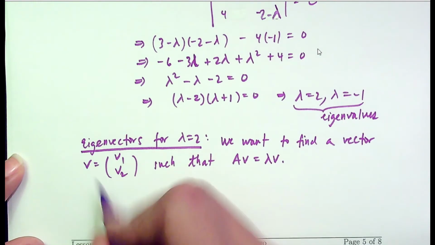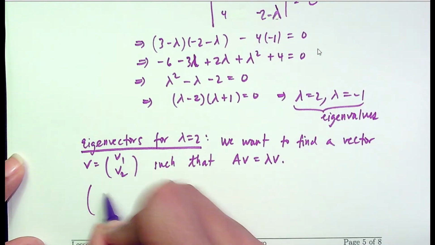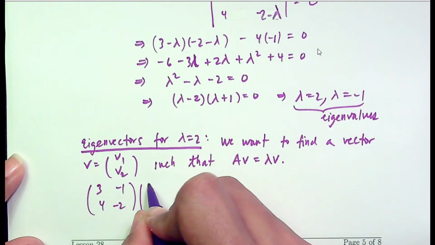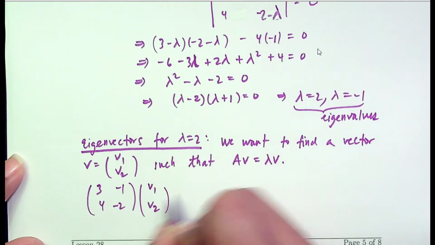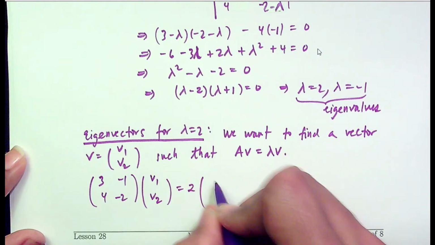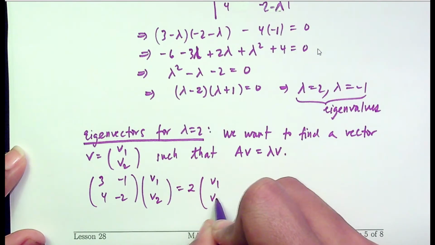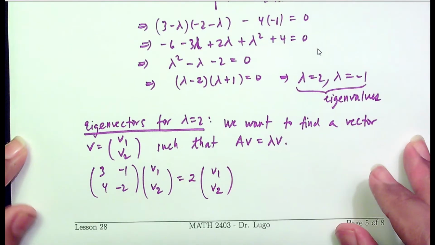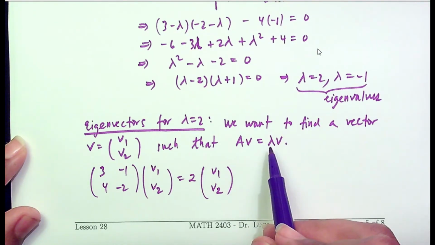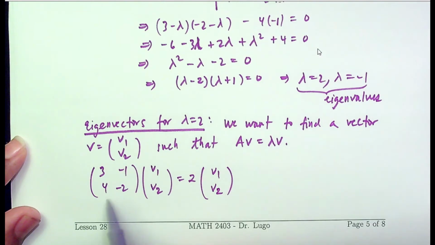Okay, so A is 3, negative 1, 4, negative 2. And v is v1, v2. Lambda is 2 in this case, and then v is v1, v2. So A times v equals lambda, which is 2, times v.